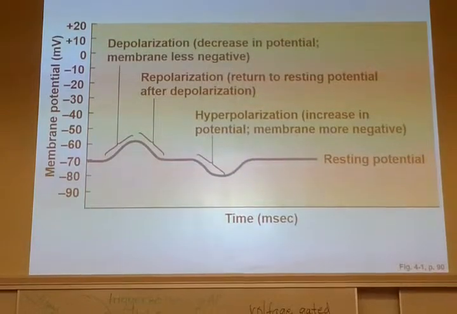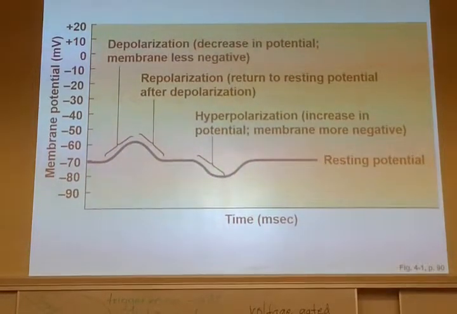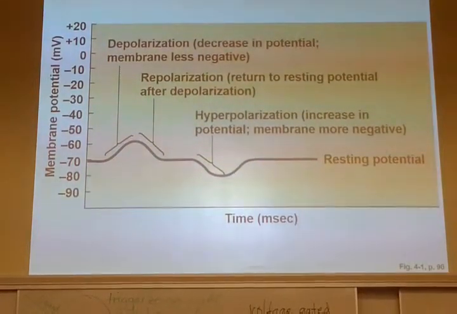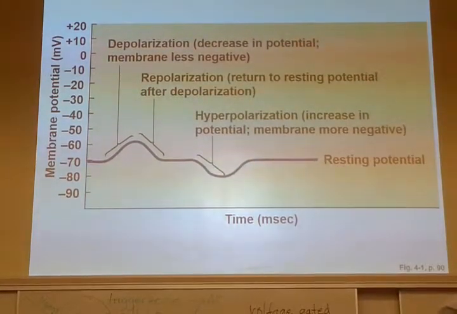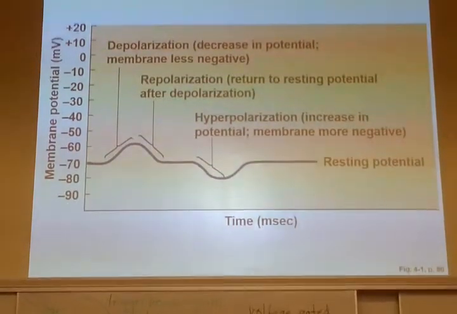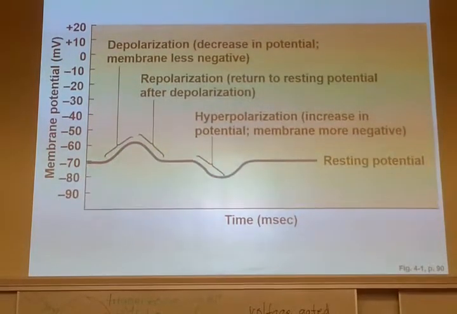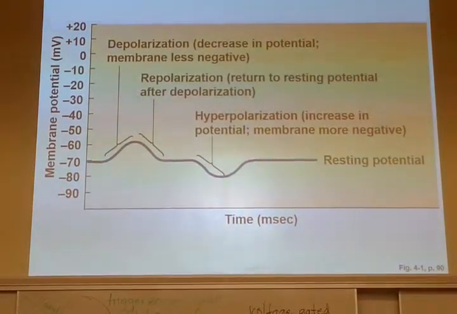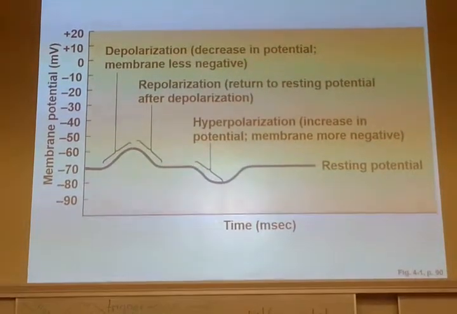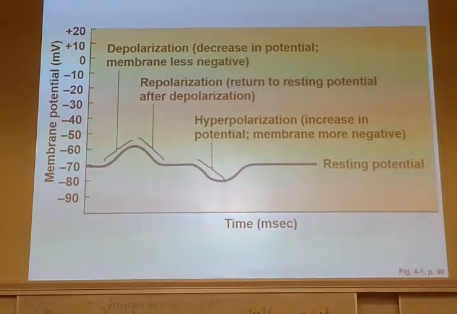So the positive charges on this part of the protein are getting repelled by the sodium that comes in with that positive charge, and they're getting attracted to the negative charges outside. So sodium channels close at plus 30 millivolts.